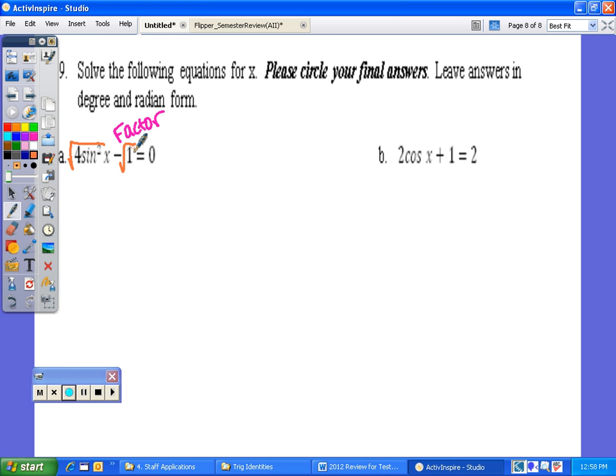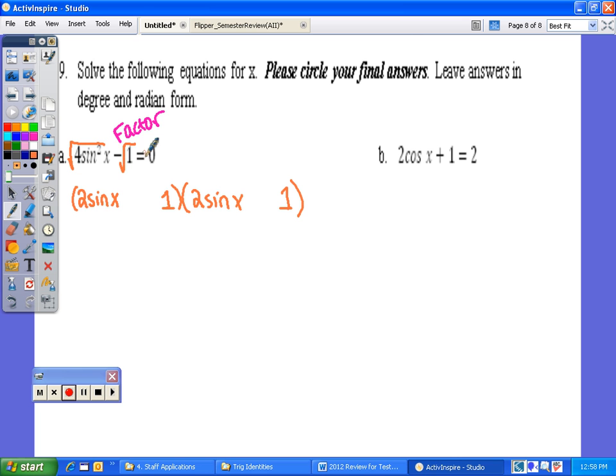So I can take the square root of each term. The square root of 4 sine squared x is 2 sine x, and I'm going to write that twice, because 2 times 2 is 4, and sine times sine is sine squared. The square root of 1 is 1, so I'm going to write that twice.